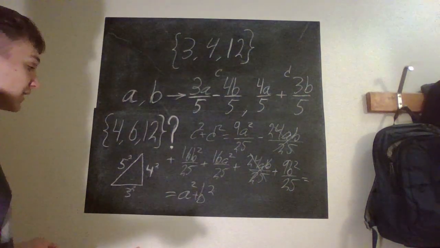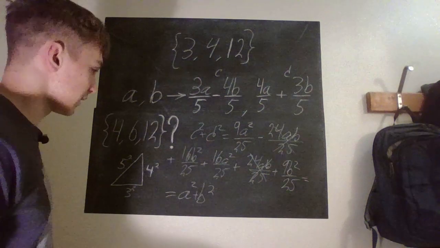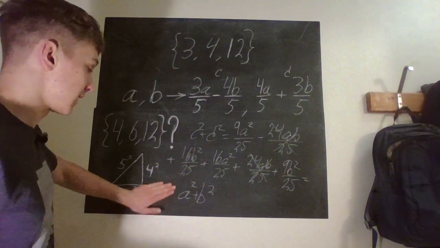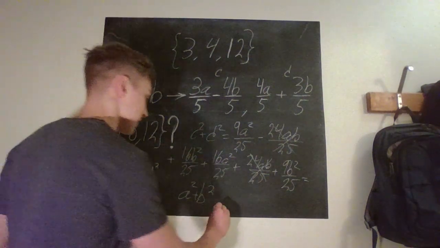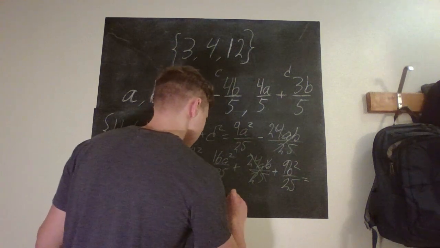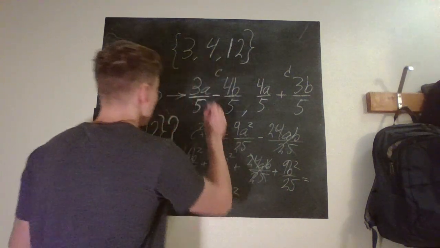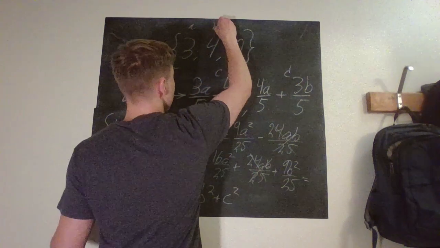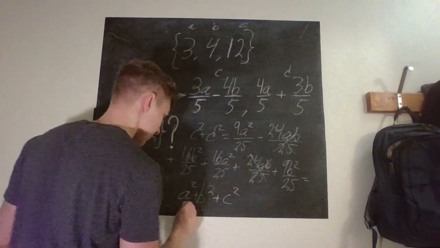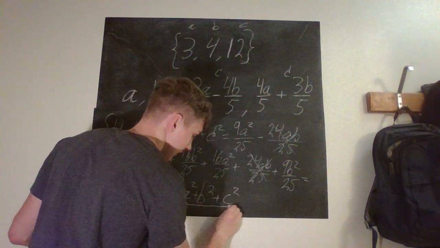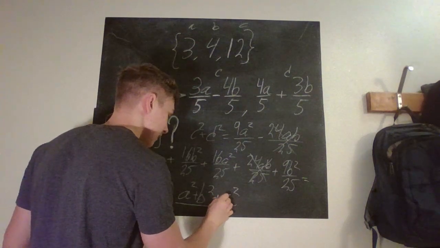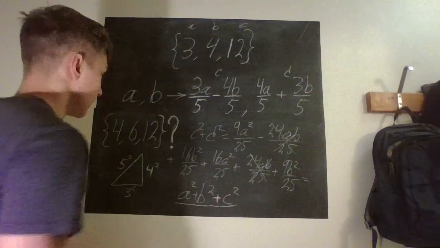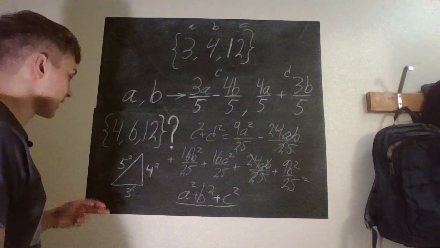So our invariant in this case would be A squared plus B squared plus C squared. This is our invariant, because as we showed earlier, this thing never changes.